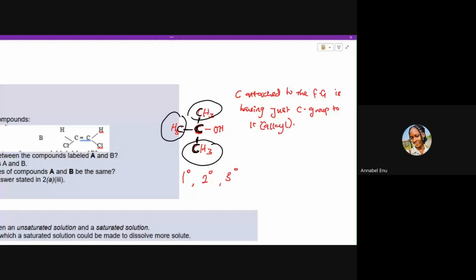In organic chemistry, we also have what is called isomers.